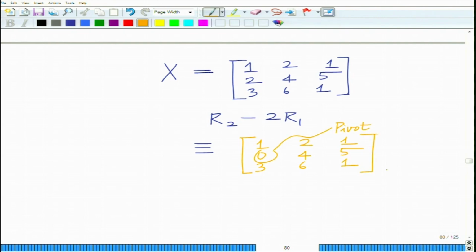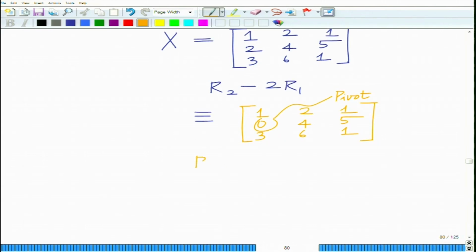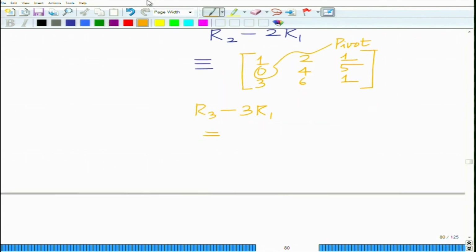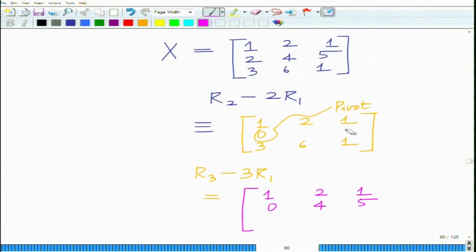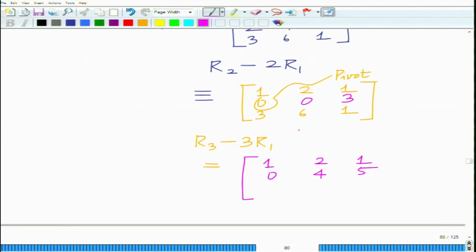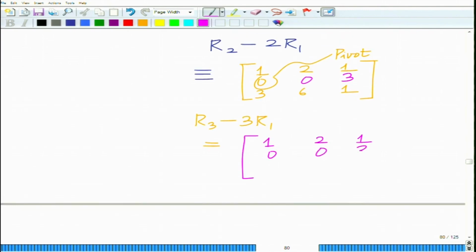Now, perform R3 minus 3 R1, and that gives you 0 and 0, and this is 1 minus 3, this is minus 2.